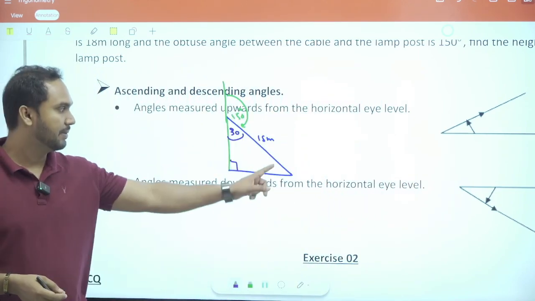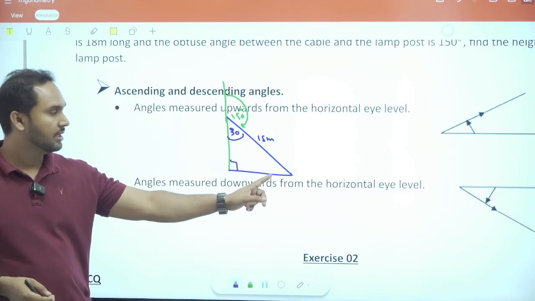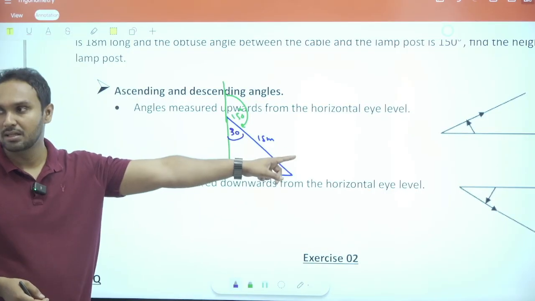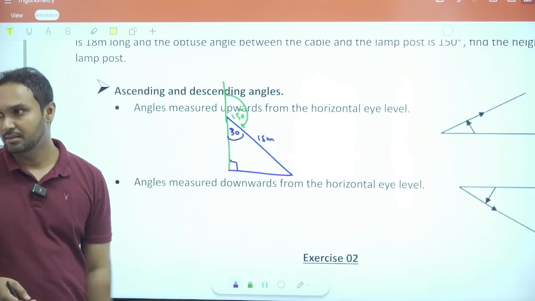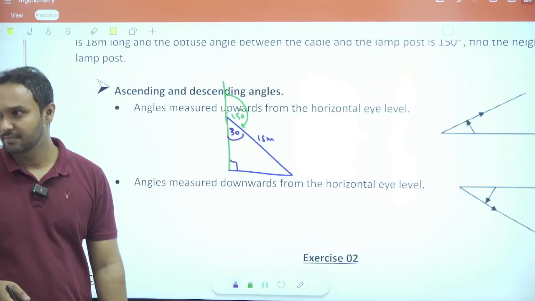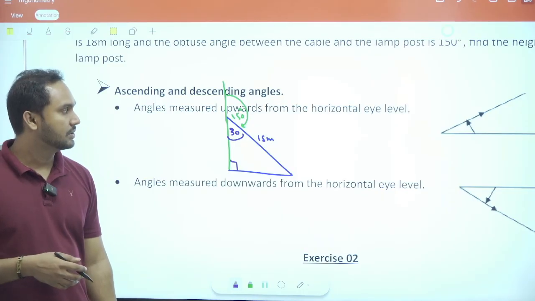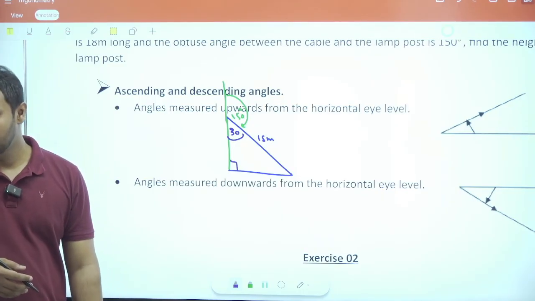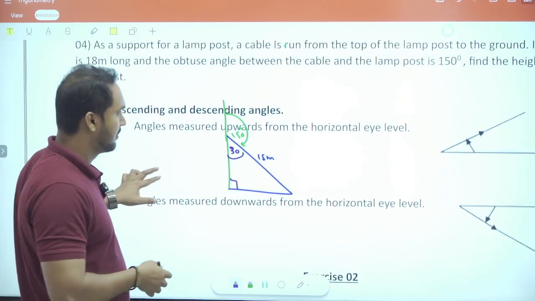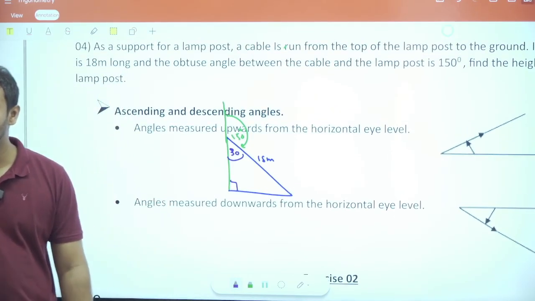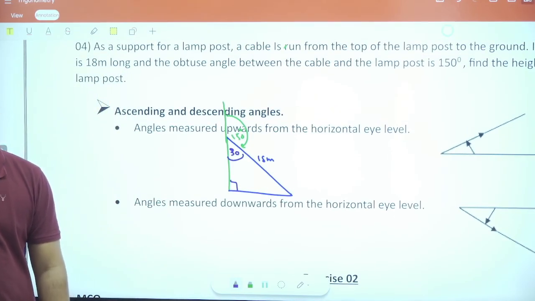Hold on, from this side this is 60 degrees, so opposite over hypotenuse, that is sine. You can take sine 60. It will give the same answer because cos 30 and sine 60 are the same.